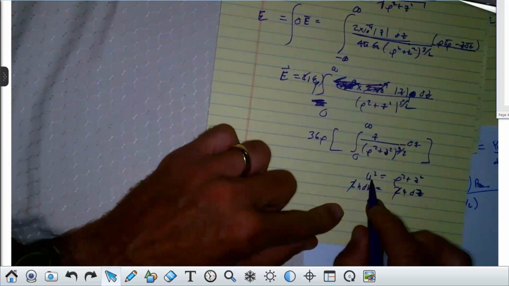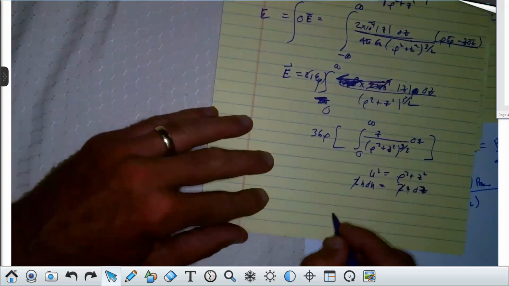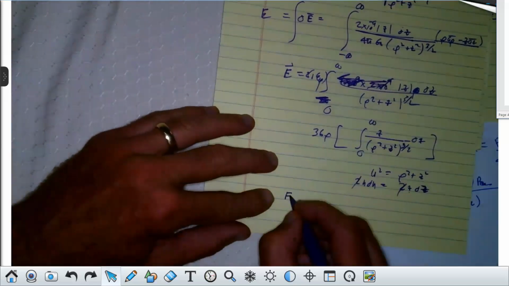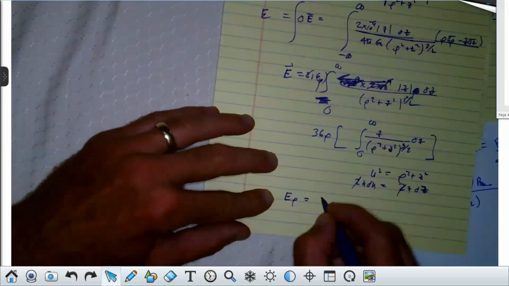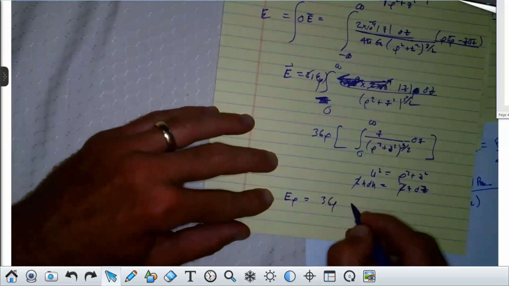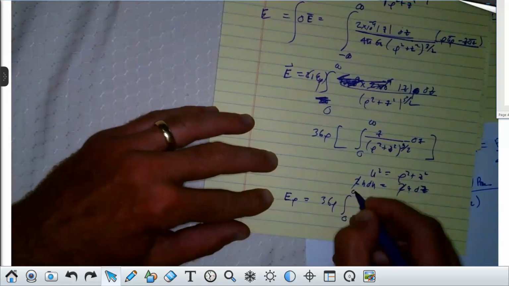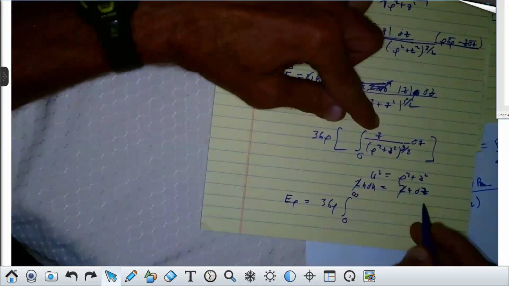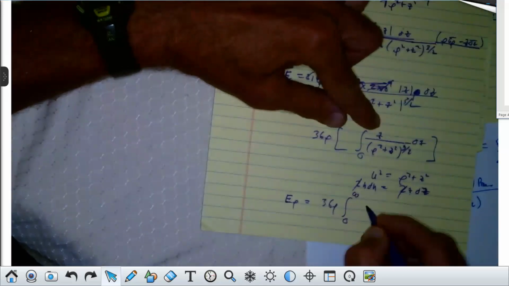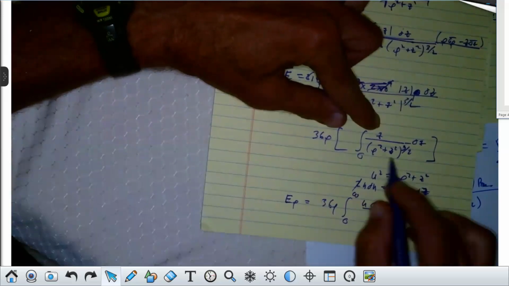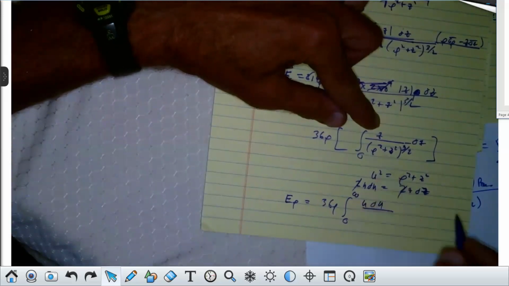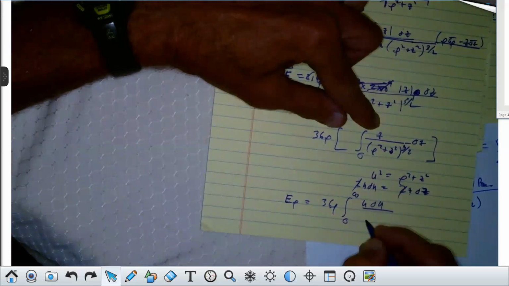And I can go ahead and say that therefore E rho is 36 rho times the integral from 0 to infinity of z dz, which is u du, over u squared to the 3/2 power, or really u cubed.